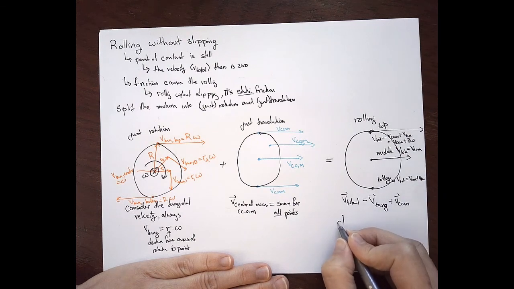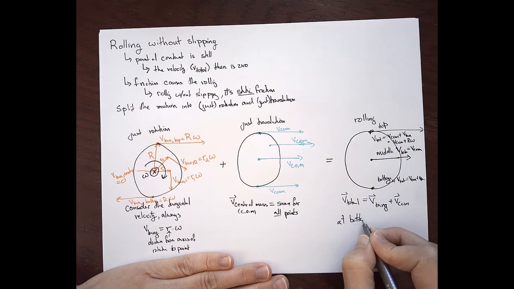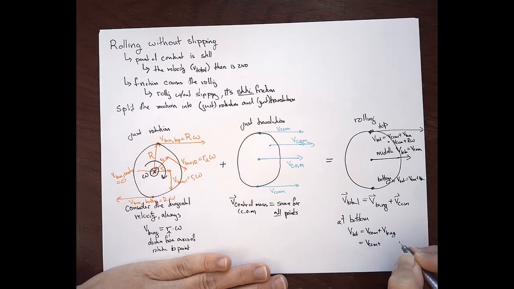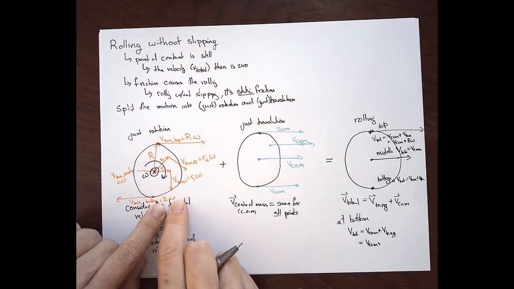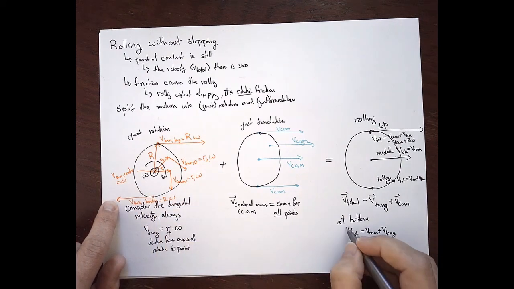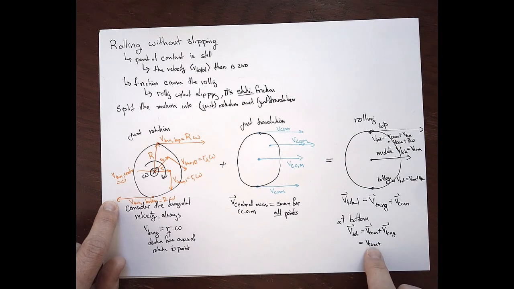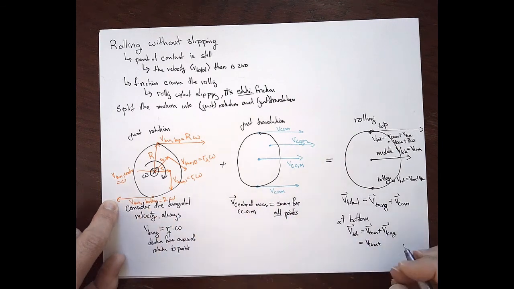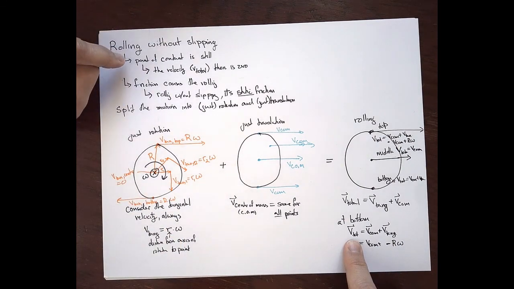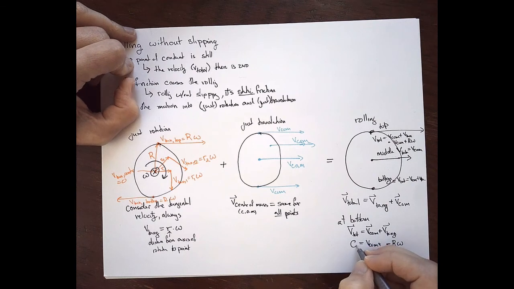So at the bottom, we know that v total equals the center of mass velocity plus the tangential velocity. And the tangential velocity is R times omega, but it's pointed in this direction. So let's put vector arrows here. If we make the center of mass velocity direction positive, then this one's negative. And we also know, because it's rolling without slipping, that the total velocity here is 0.